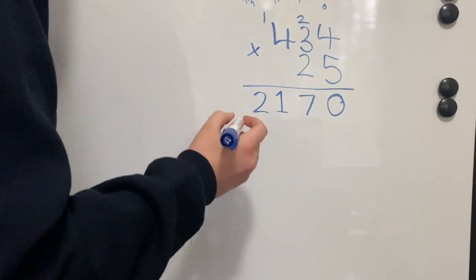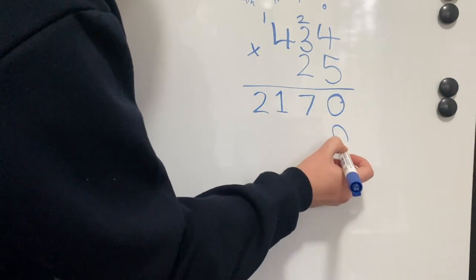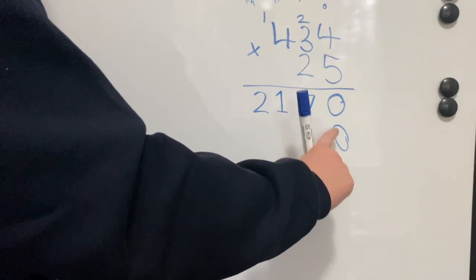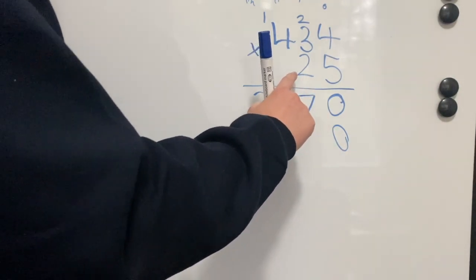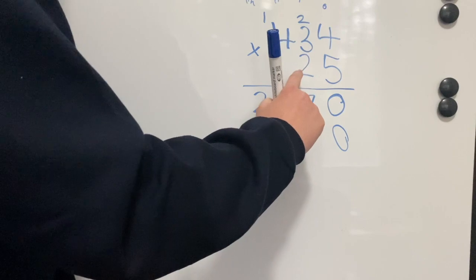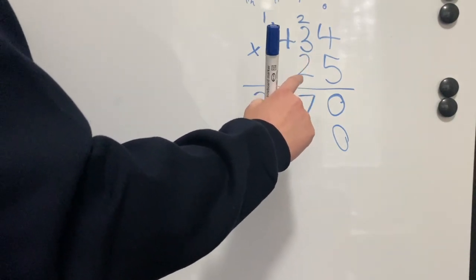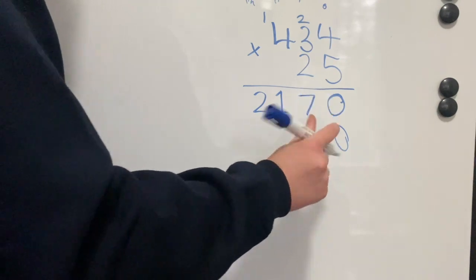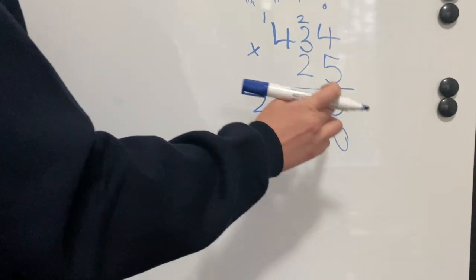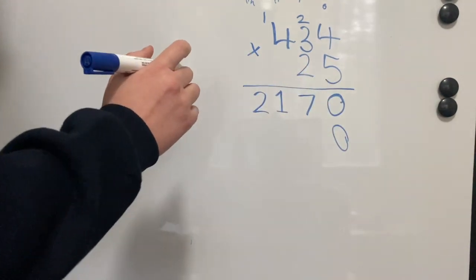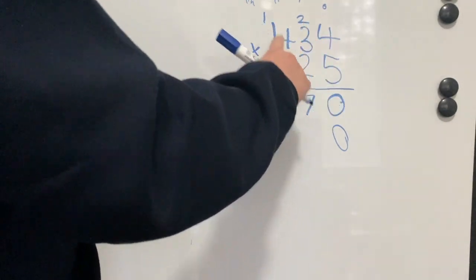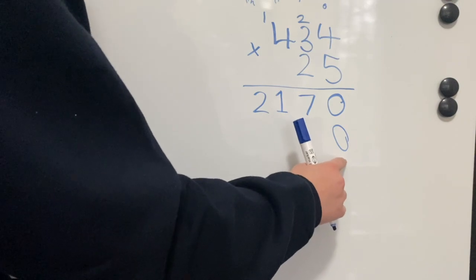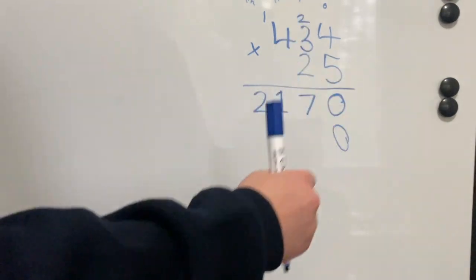Then what I need to do is I'm going to take a 0 underneath in the ones column, and I'm going to times everything in the top number by 2. Okay, technically I'm timesing it by 20, but by putting this 0 down here, it makes it easier for me to actually just times these numbers by 2, because I've already made all the answers 10 times bigger by putting a little placeholder 0 in there.